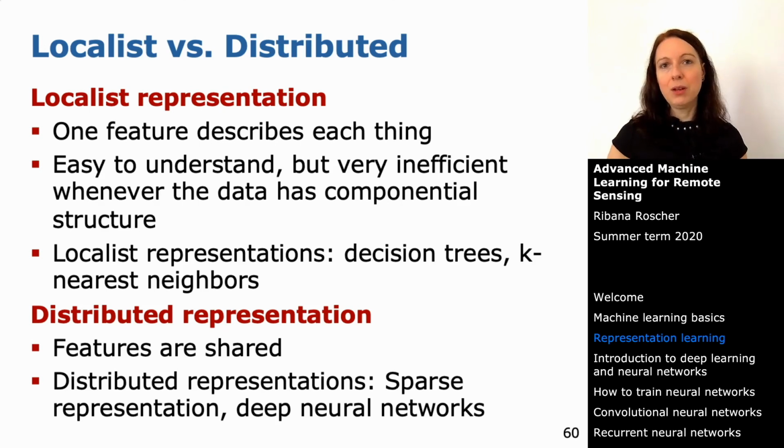This is also the reason why they are not able to find complex structures and patterns in your data. Methods like deep neural networks are much better in doing this because they work with distributed representations. So the features are shared, and also because they work with distributed representations, they are able to disentangle the underlying factors of variation.